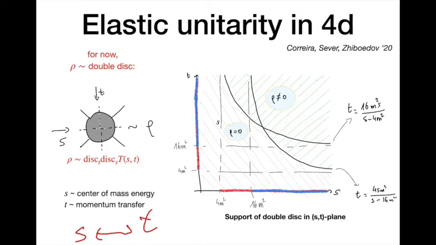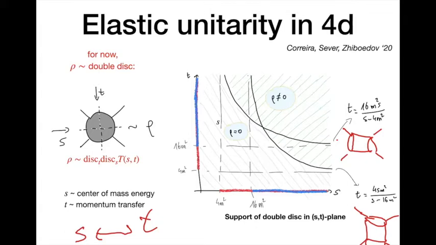And the double discontinuity is 0 under these two curves, which correspond to some different type of graphs, which would be, for instance, this graph or this graph, which each of these guys have a 4-particle cut in one direction, but a 2-particle cut only in the other direction. And this gives you these two curves. And the rho is non-zero in this gray area, green area here.